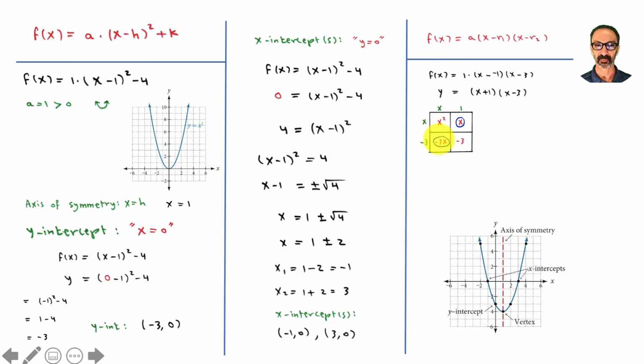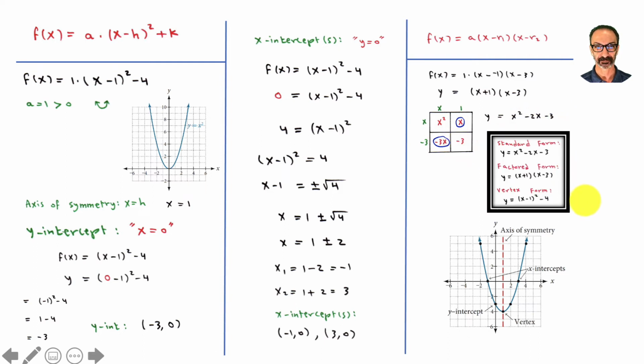Multiplying this using the box idea, or you could use any method that you want, like FOIL. I have x times x, x to the second; x times 1, which is x; negative 3 times x, negative 3x; negative 3 times 1, negative 3. We combine the like terms, and we end up with x to the second minus 2x minus 3.